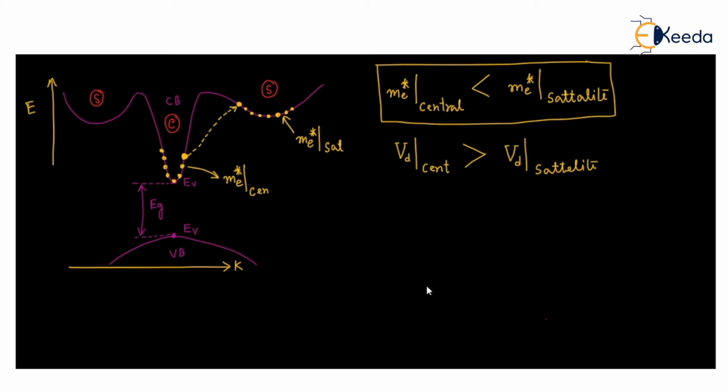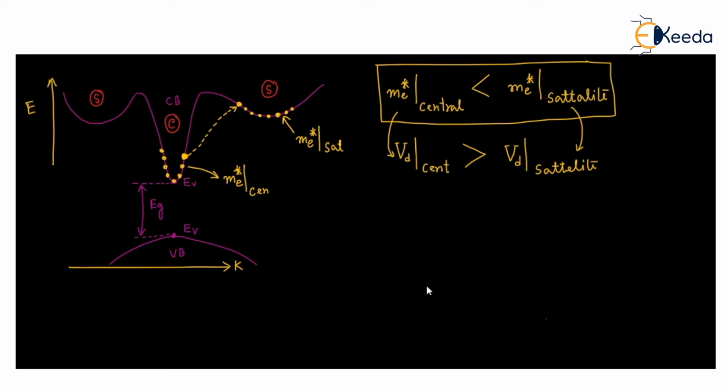So the drift velocity also changes with this effective mass. An electron which has less mass will have greater velocity, and an electron which has greater mass will have less velocity.